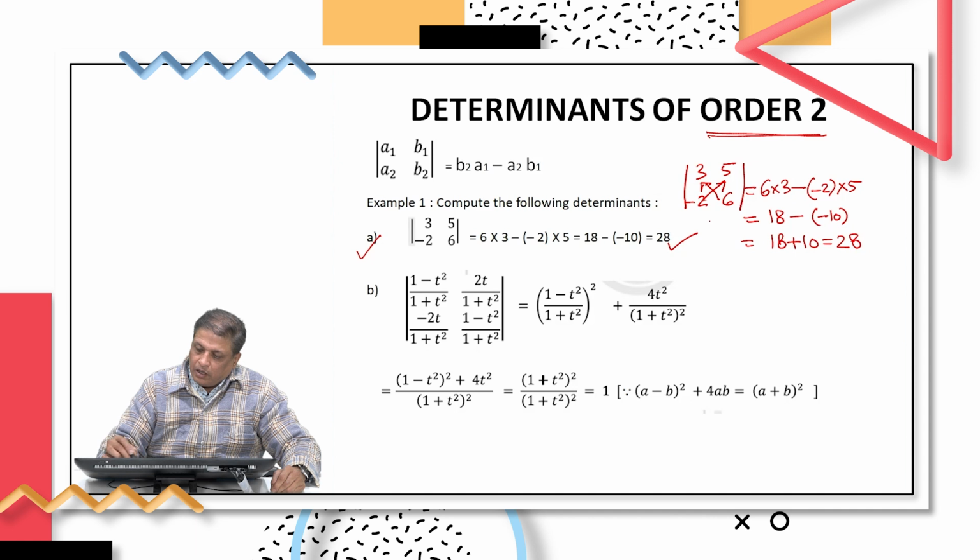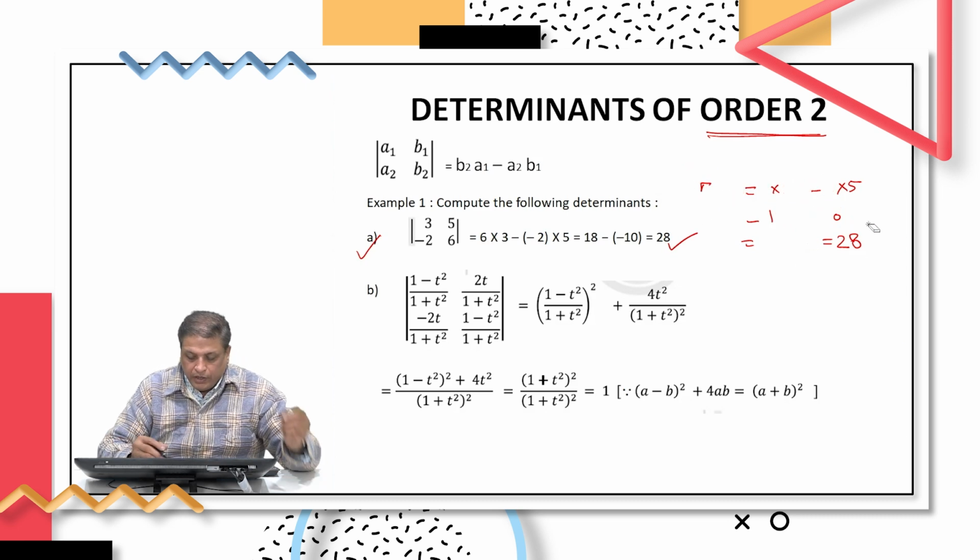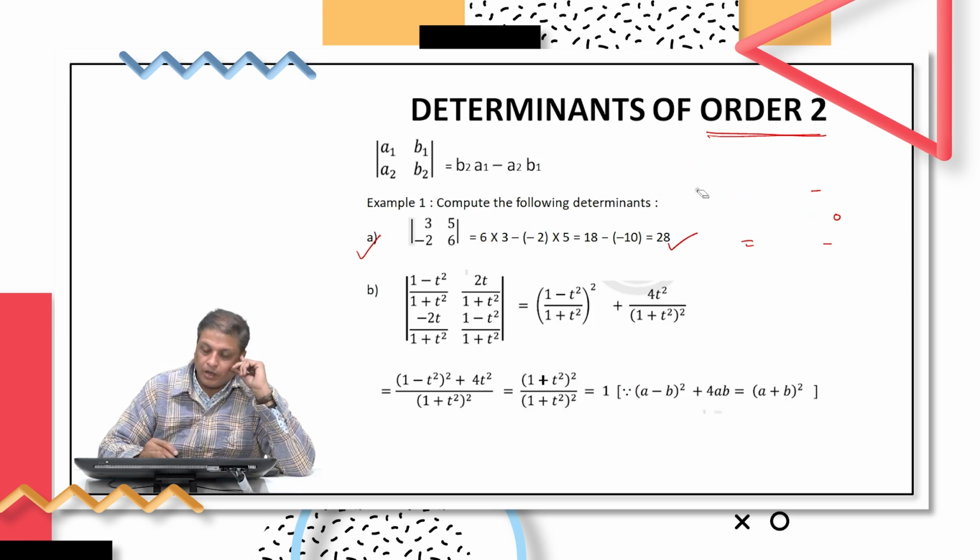Now let's solve some more problems. Likewise over here, in problem B we are given a determinant: 1 minus t square upon 1 plus t square, 2t upon 1 plus t square, minus 2t upon 1 plus t square, 1 minus t square upon 1 plus t square.